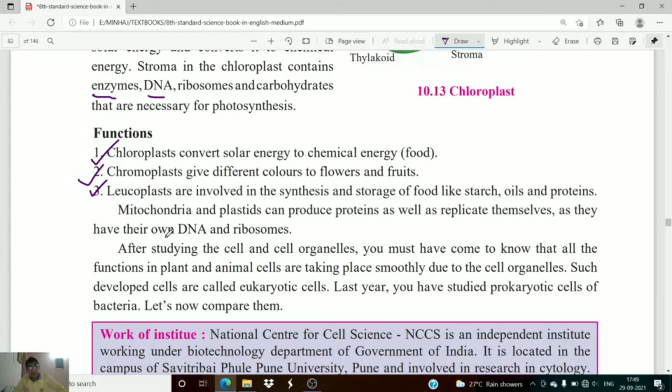Now after studying the cell and cell organelles, you must have come to know that all the functions in the plant and animal cells are taking place smoothly due to the cell organelles. Such developed cells are called eukaryotic cells.